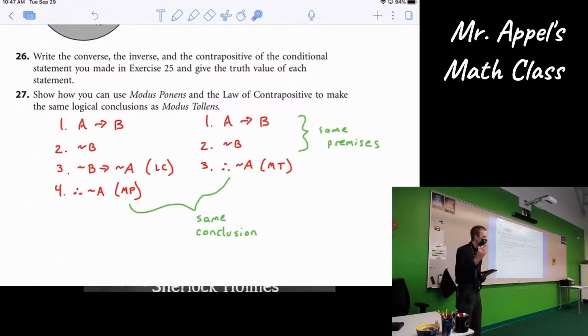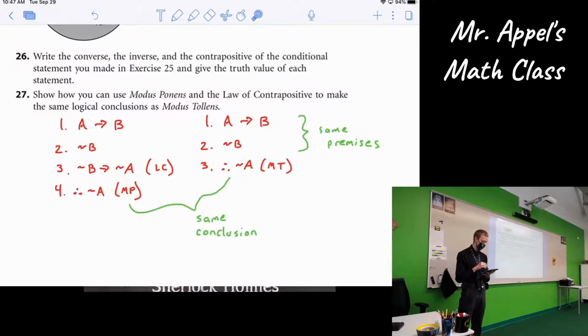Again, this is one method. You could have written this out if you prefer sentences or paragraph form, but I have the more formal symbolic arguments shown here. This one showing, starting with if A then B, not B. We can get not B then not A just from the law of contrapositive of the first statement.